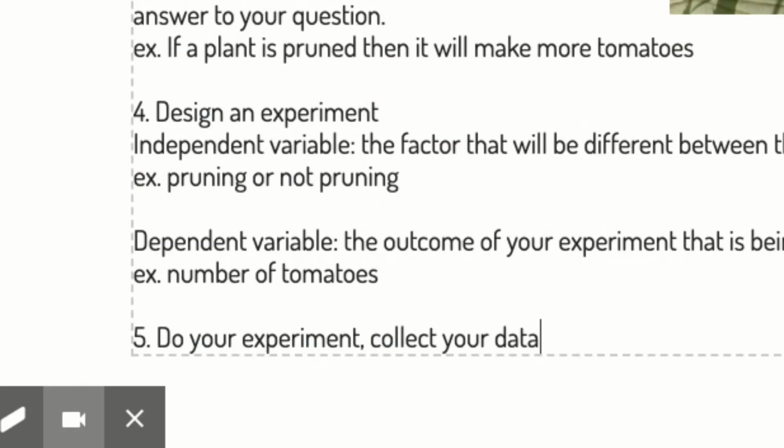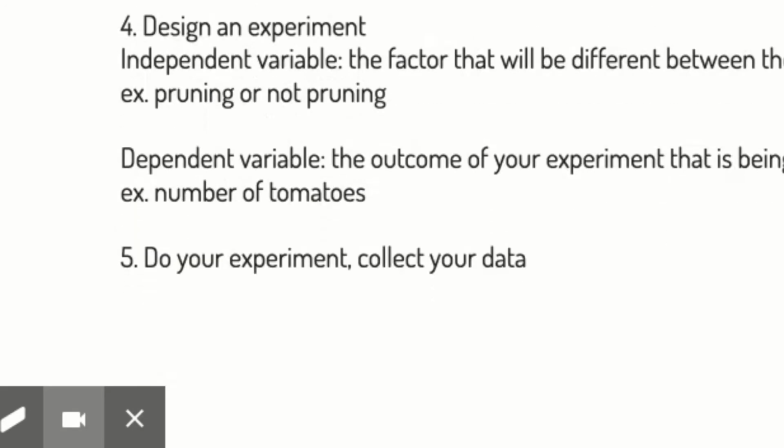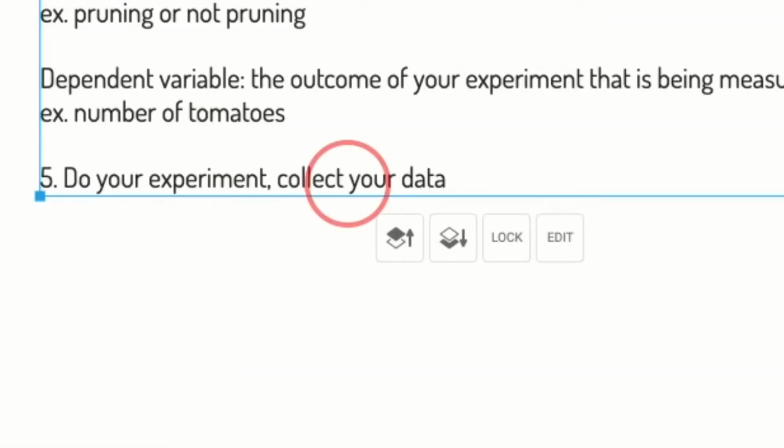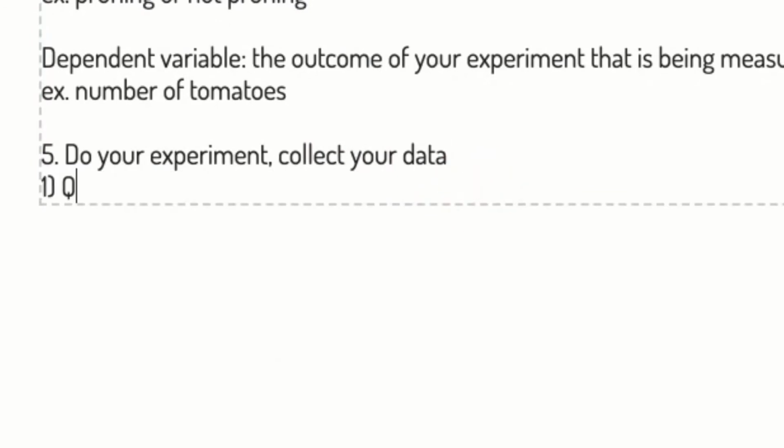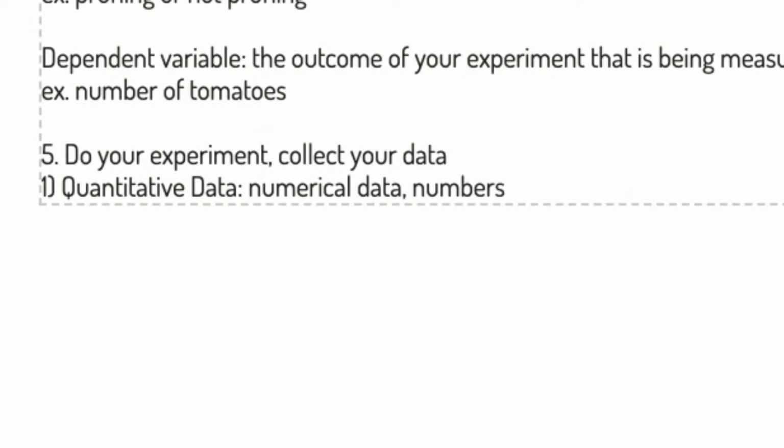And when you are collecting data, there are 2 types of data that you can be collecting. The first type is called quantitative data. Quantitative data is any kind of data that has a number, so it's called numerical data. If you have numbers in your data, that is called quantitative data.